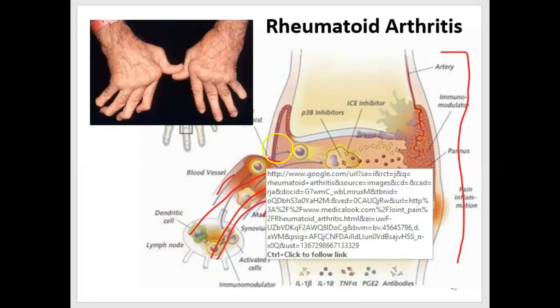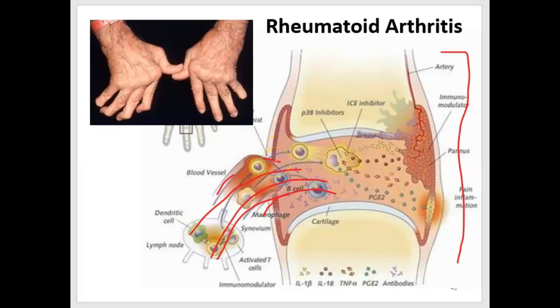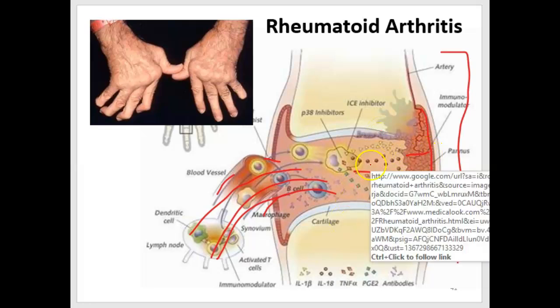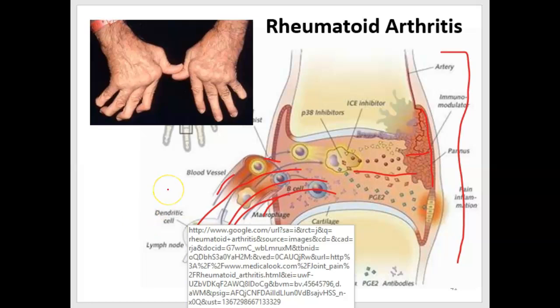Now originally it was antibodies that destroyed this synovial membrane. But now we have all these other immune cells here. Some of them send out signals that cause the remaining synovial membrane to grow. So it grows and it produces more fluid. The more fluid it produces, the more immobile the joint is because it swells.